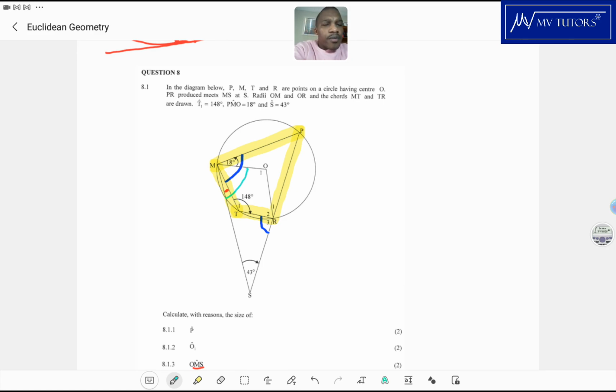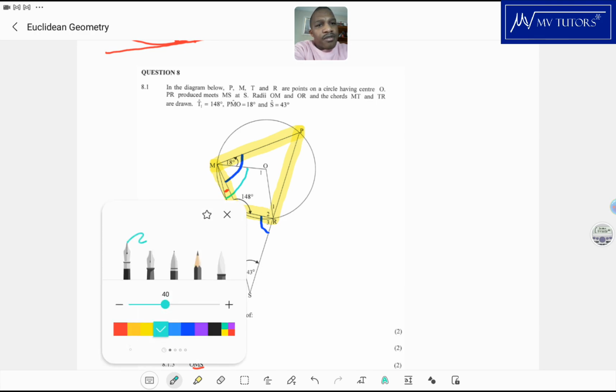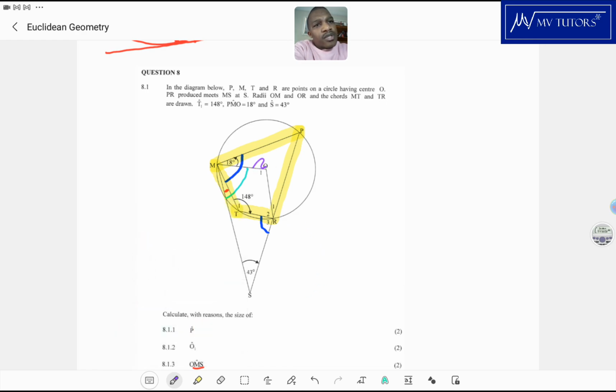Good. So you see what we're going to have to do now to solve the blue angle. I have to say the green angle minus the red angle, and that's going to give me, let me put a different color, let's say purple, the purple angle.